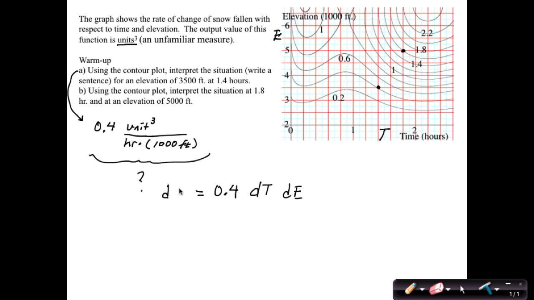Right. So now we make a small change in time and a small change in elevation. This 0.4 tells us that the resulting change in volume of snow will be 0.4 times the change in time times the change in elevation.